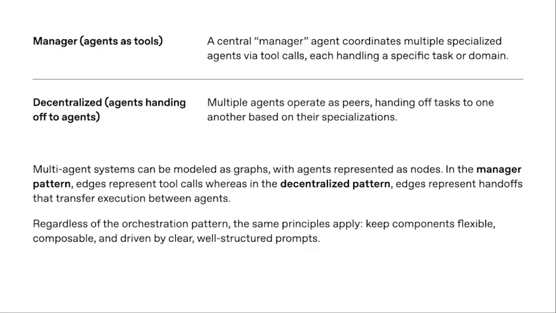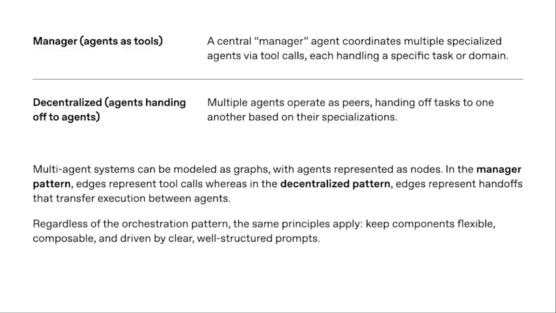Multi-agent systems can be modeled as graphs, with agents represented as nodes. In the manager pattern, edges represent tool calls, whereas in the decentralized pattern, edges represent handoffs that transfer execution between agents.